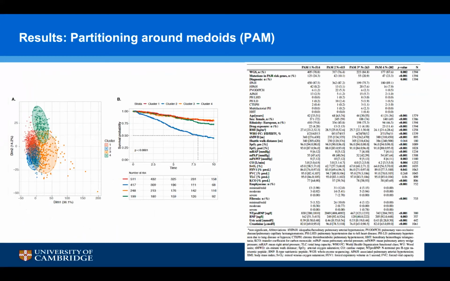All our 3 machine learning methods yield some interesting results. So these are the results from partitioning around medoids algorithm, which produced 4 clusters, 4 of which were statistically significant. These clusters are different in respect to percentage of cases with mutations, which is quite important because if we choose the cluster, in this case cluster 2, which has a low proportion of explained cases, we may end up with an enriched population, which will allow us actually to discover the genetic architecture of the unexplained group.